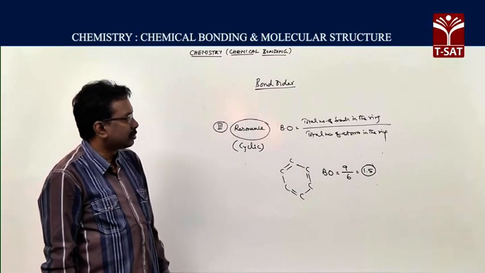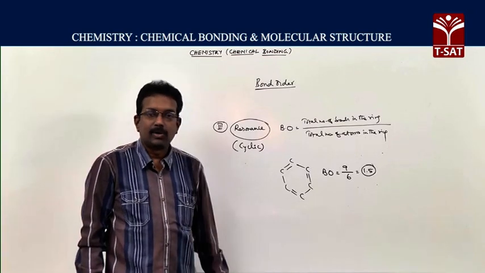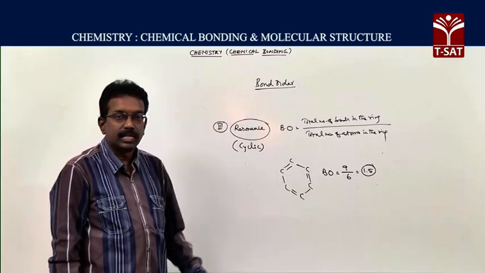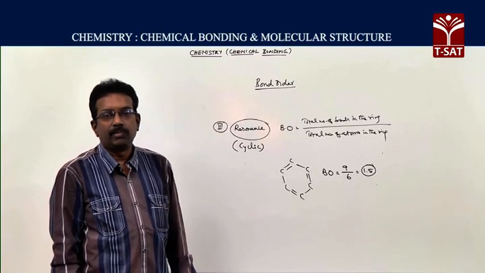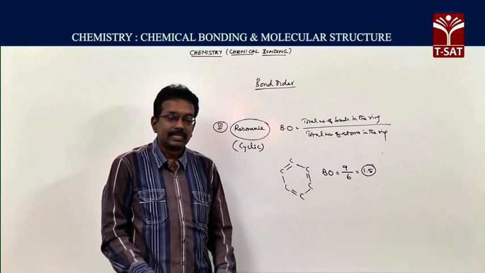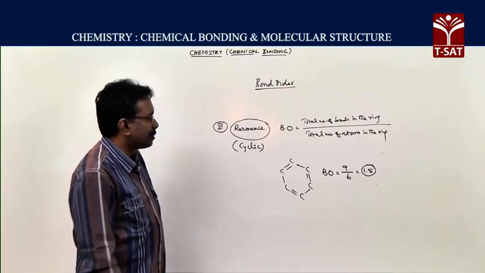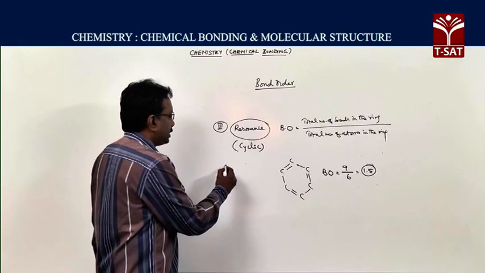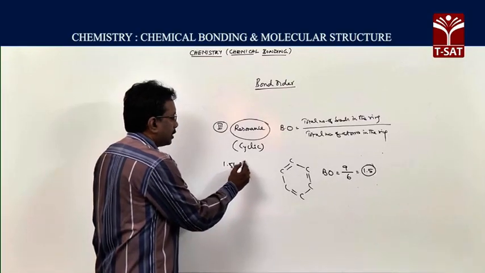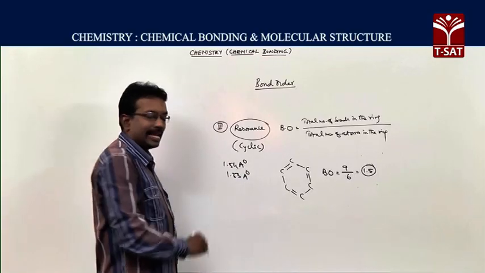So, this bond order of 1.5 also indicates that in benzene carbon carbon bond lengths are not equal to single bond length, not equal to double bond length, but always intermediate between single bond and double bond. We all know carbon carbon single bond length is 1.54 angstroms and carbon carbon double bond length is 1.33 angstroms.